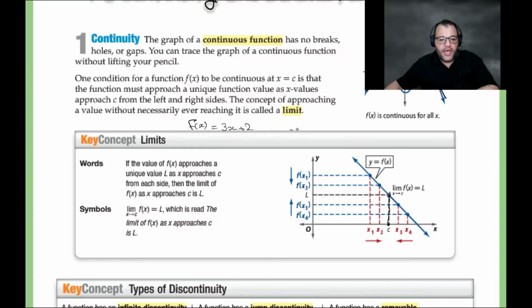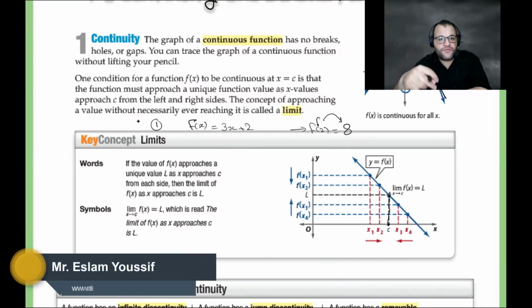We need to check if there is a value for the function when x equals 2 or not. When I replace x with 2, what is the answer that I will find? 8. It means when x equals 2, there is a value of the function, which is equal to 8. So that is the first point: we need to check if there is a value for the function or not.